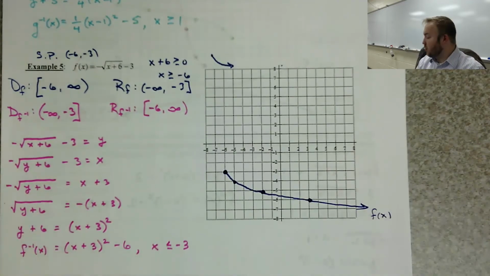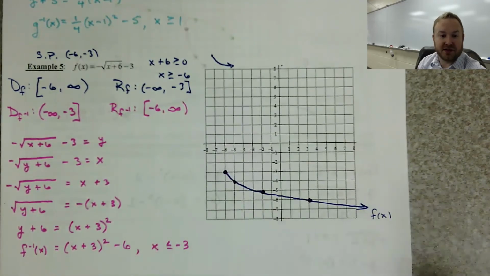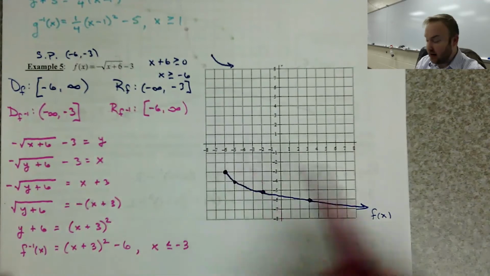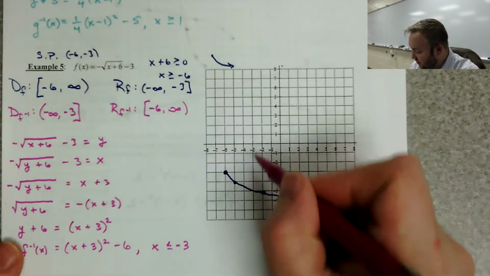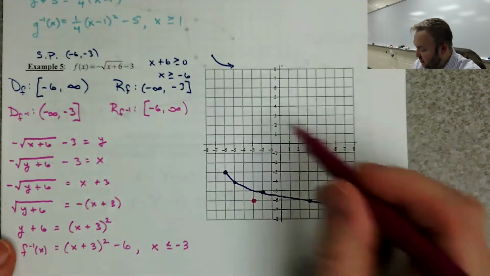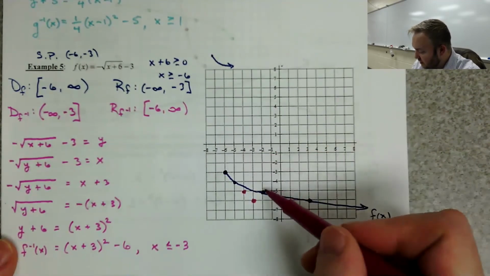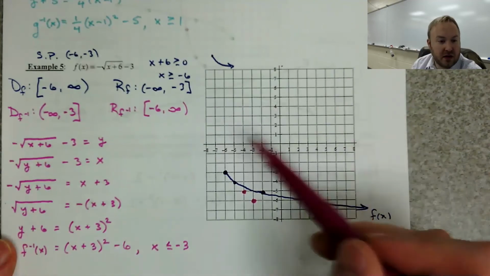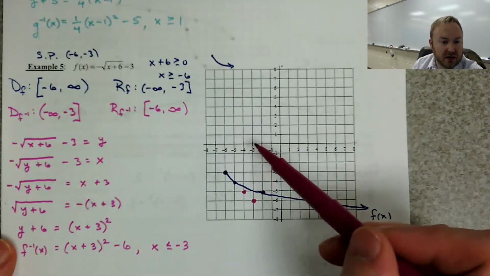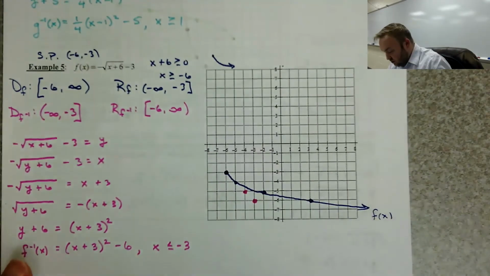And now let's do the graph of the inverse, and I'm going to get the inverse by just switching the coordinates of these points that I plotted. So (-6, -3) becomes (-3, -6). (-5, -4) becomes (-4, -5). That's wrong, isn't it? Sorry, hold on a second.